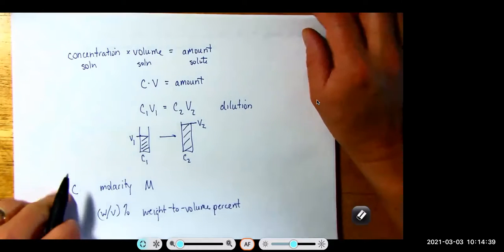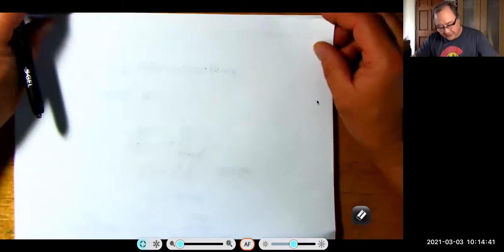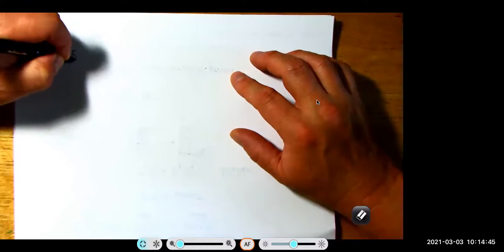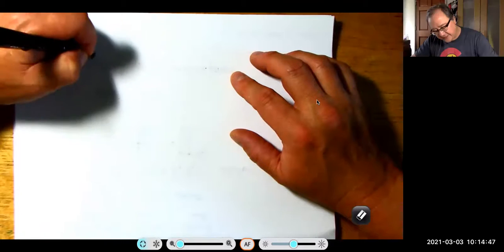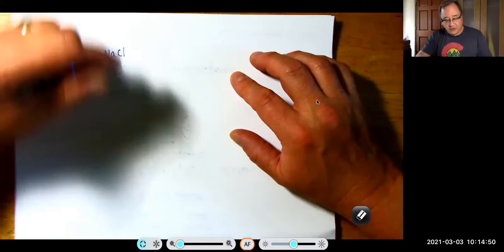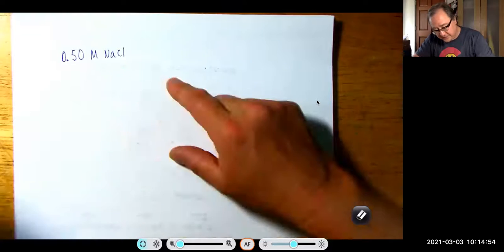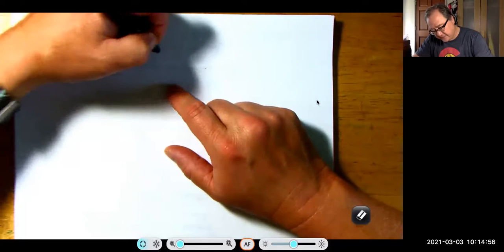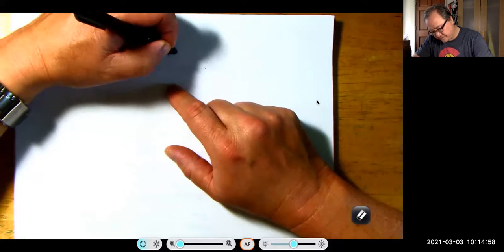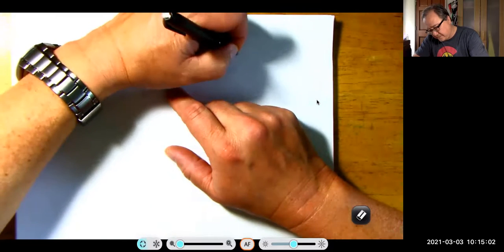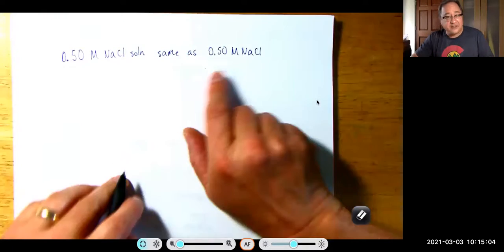And if we take a look at those two concentrations, molarity, let's say you have a 0.50 molar NaCl solution. You'll notice you don't usually write the word solution here, although you could. NaCl is the solute.